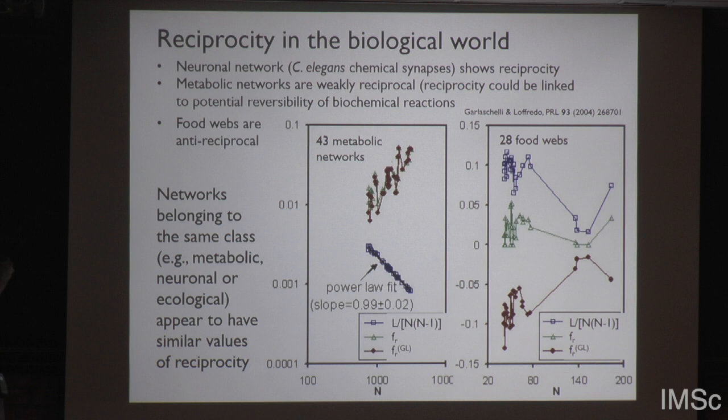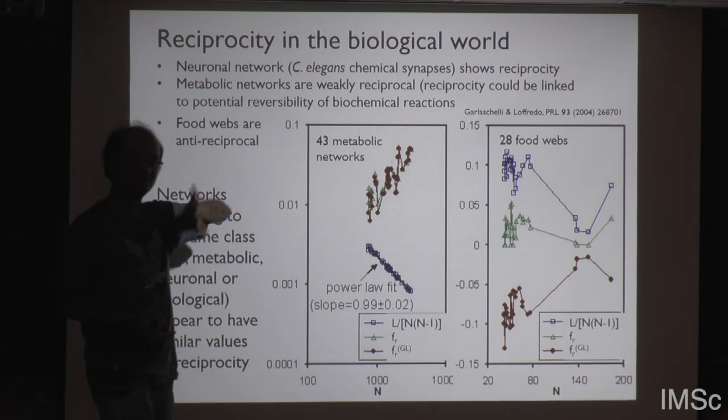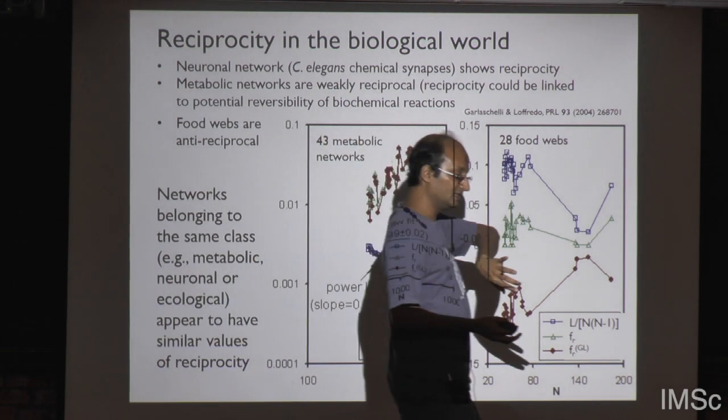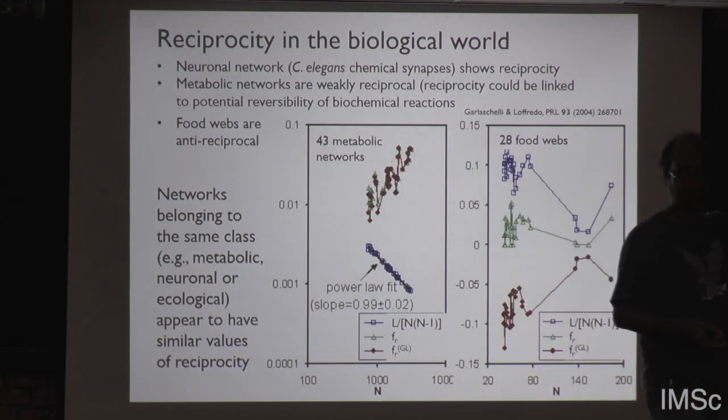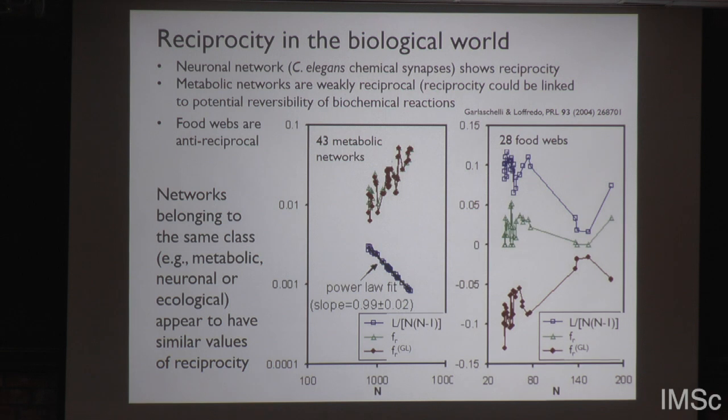And that kind of makes sense because in food webs, since you have connections from prey to predator, reciprocity would mean that the predator would also become the prey of its prey, which is kind of nonsensical, right?